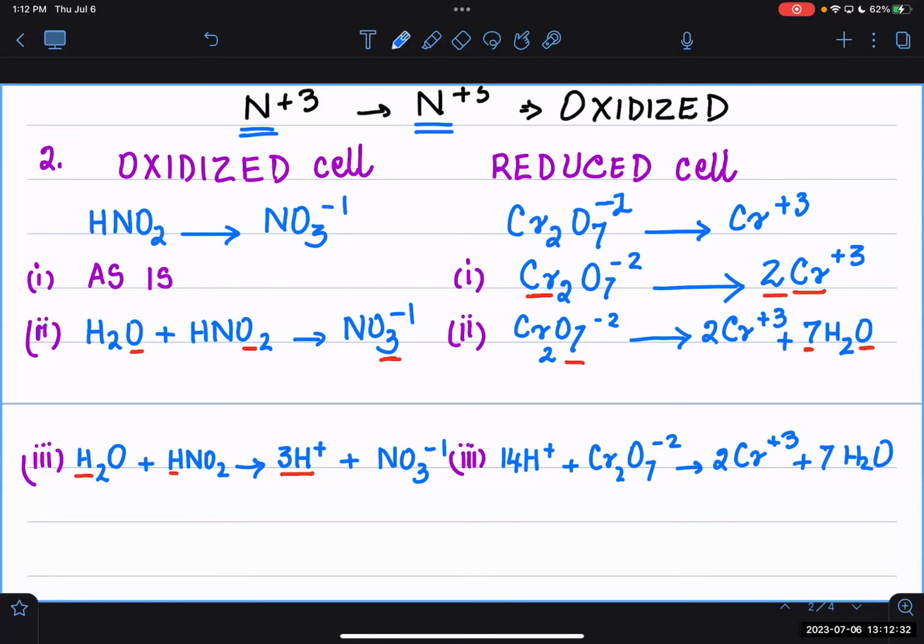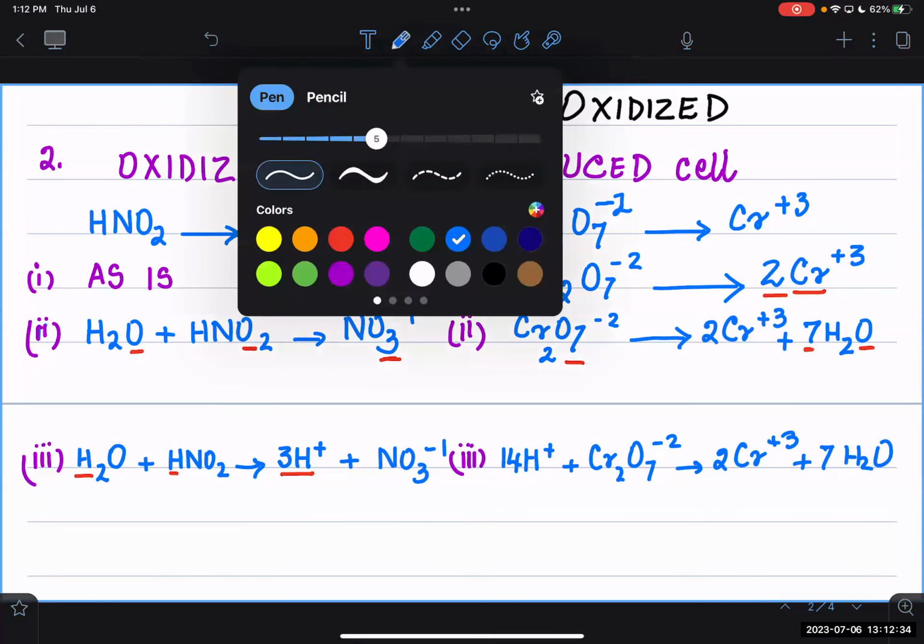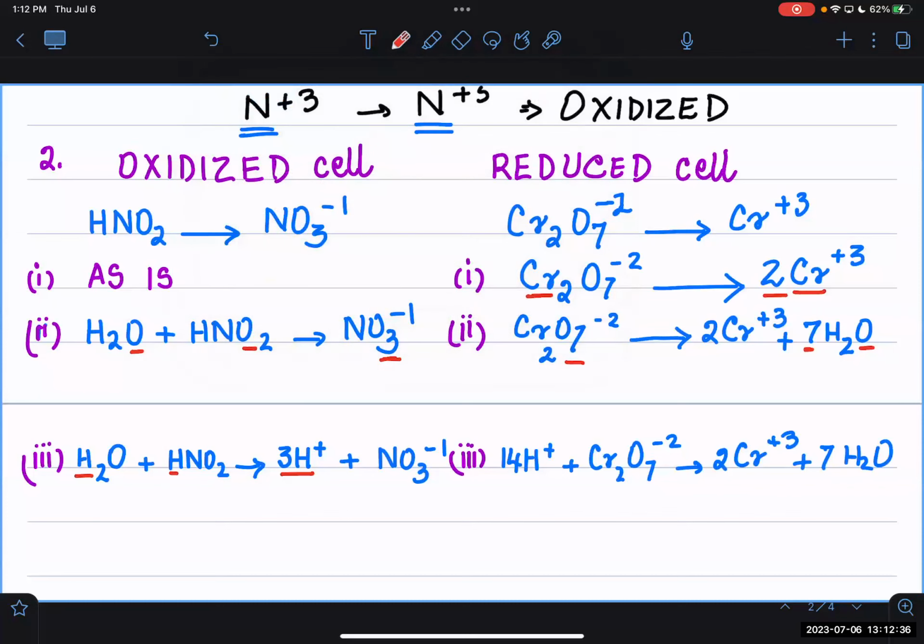Okay, 14 hydrogens and 14 hydrogens are balanced. 14 here, 14 here. Got it? So if you look at it, 14 hydrogens balanced, 2 chromiums are there, 7 oxygens on one side. On the other side, there are 3 oxygens, 3 hydrogens and 1 nitrogen. Okay, so all this is now balanced.